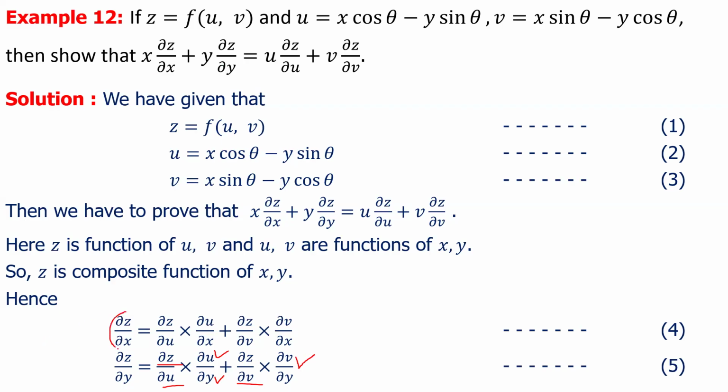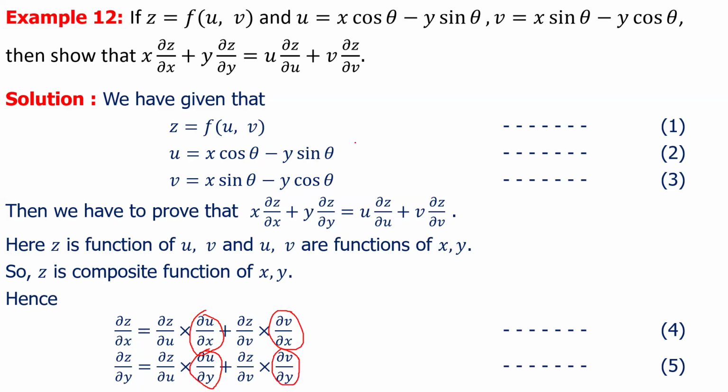Z is a composite function of x and y, so we can find the partial derivative of z with respect to x, and similarly with respect to y. Now, since u and v are both functions of x and y, we can find ∂u/∂x, ∂v/∂x, ∂u/∂y, and ∂v/∂y.